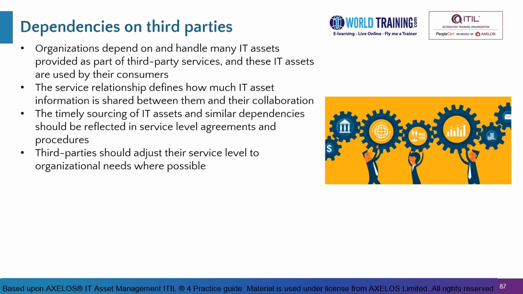And when the IT assets are provided directly by the service provider and not by the third party, then there may be constraints from the third party for the components of the IT assets rather than the entire IT asset itself. So these are some of the challenges that an organization may face in this practice, due to which they depend on the third parties.